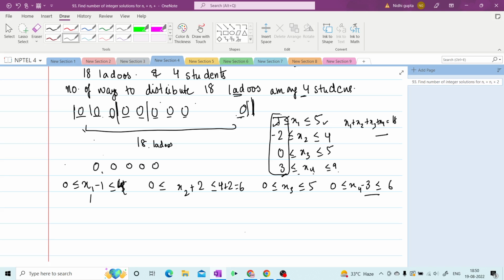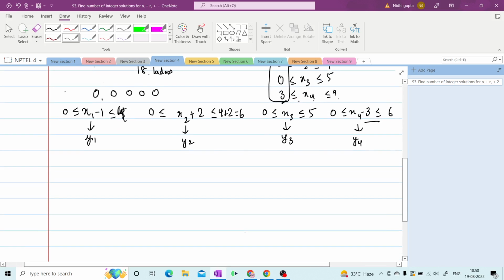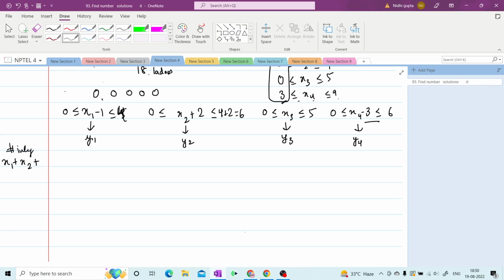Now we call these our new variables: x1 minus 1 is y1, x2 plus 2 is y2, x3 is y3, and x4 minus 3 is y4. Now we are finding the integer solutions. We know the answer when the lower bound is 0 and we don't have any upper bound.